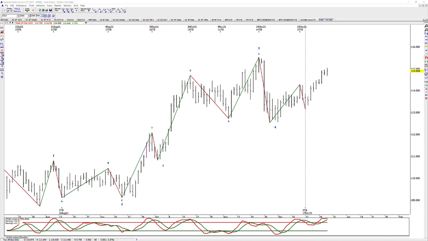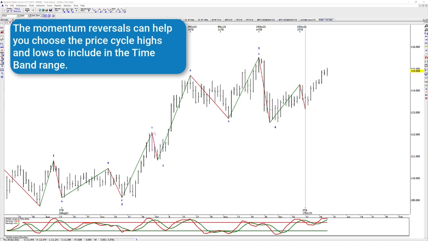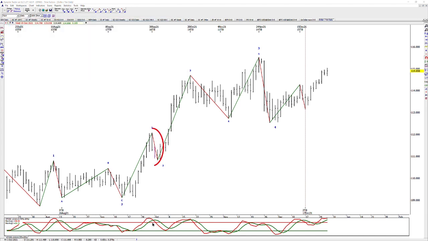And sometimes, even if it's not much of a price cycle, like in this case, it was just this reversal in 2 or 3 days, sideways to down, but it was a clearly defined momentum bear reversal. So I included that, and then included each time it made these bear reversals.